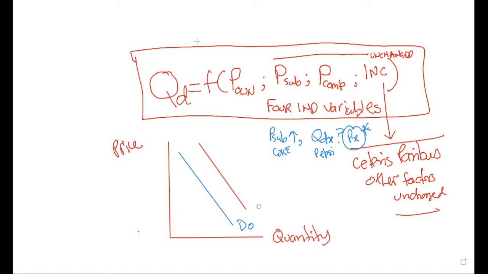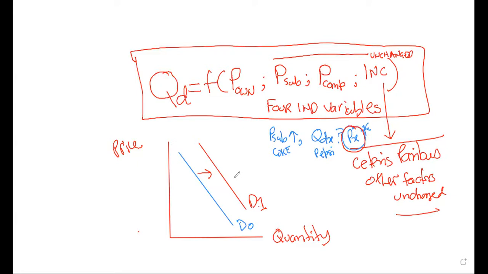Just a second, let me write it down. The price of Pepsi has remained unchanged, as we said, but the price of the substitute has increased. That has made Pepsi more attractive. So we will have a tendency to demand more Pepsi than before at the same price. Isn't that a rightward movement?